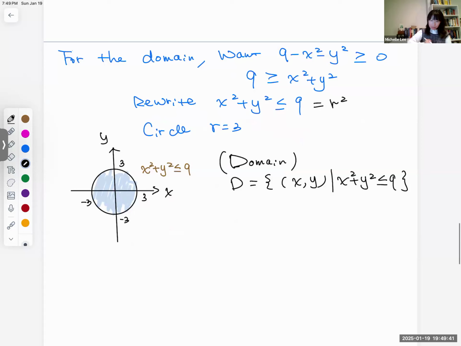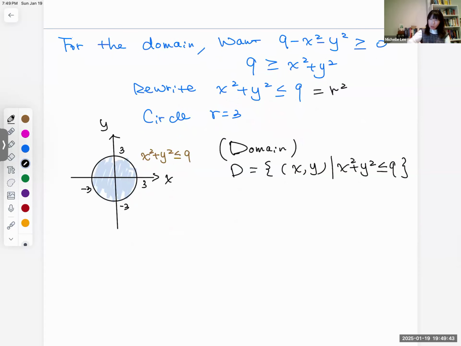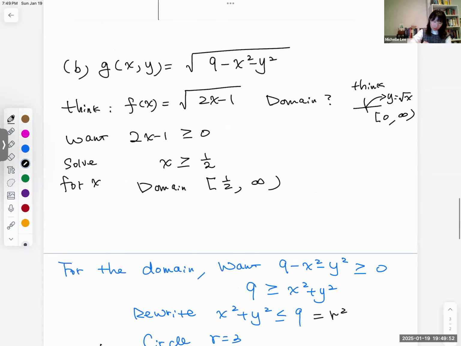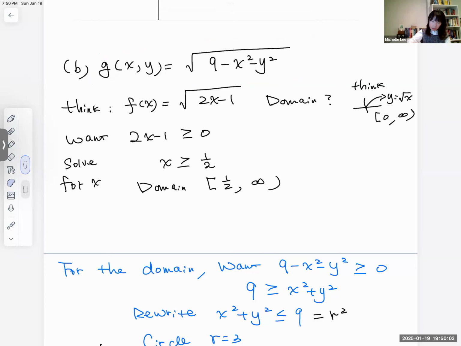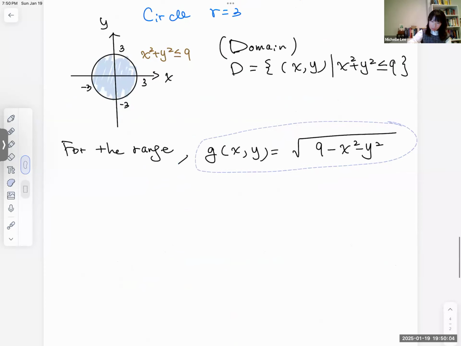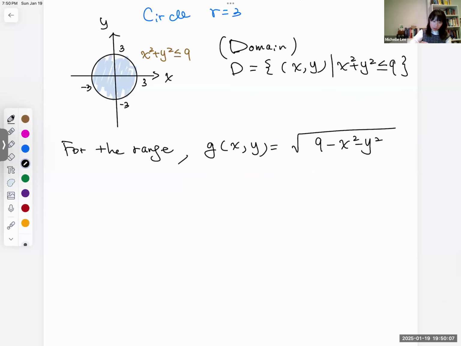Okay, now for the range. So we have that, and this is the same as z equal to square root of 9 minus x squared minus y squared, right?